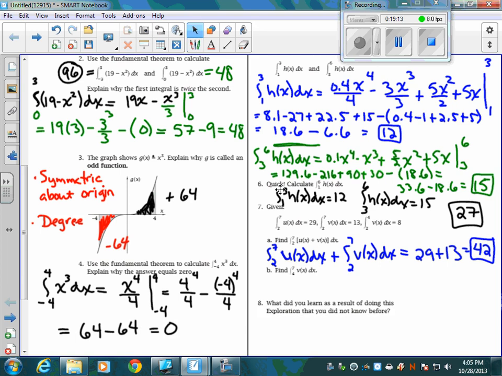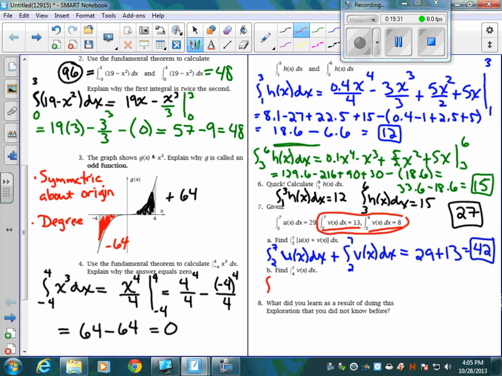Part B, we're going from 4 to 7 of v of x. Okay, well, this is what I know about v of x. I know from 7 to 2 is 13, and I know from 2 to 4 is 8, and I want to know from 4 to 7.